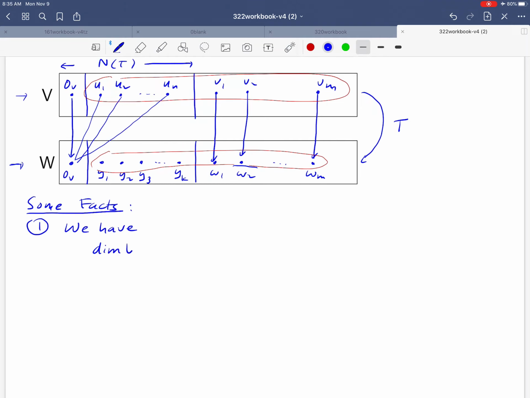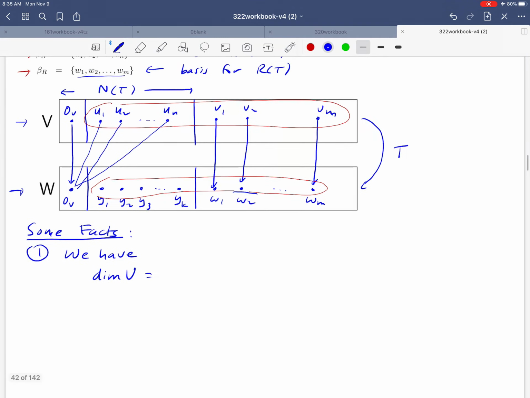The dimension of V we could get by looking at the basis that we circled up here. How many vectors are on that list? Notice that there's u1 through un, that's n vectors, and there's v1 through vm, that's m vectors. Putting those together, the dimension of V is m plus n.